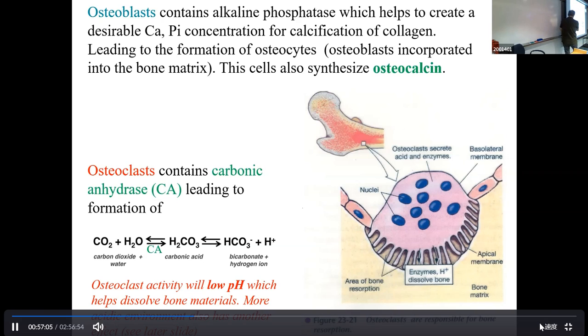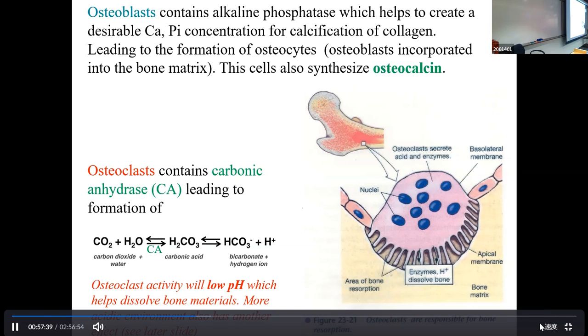But in general, it tends to go this way, creating an environment which will lower the pH, and therefore increase the acidity of the environment, and help to dissolve the bone mineral content. Osteoclasts are cells in the bone that break down the bone.